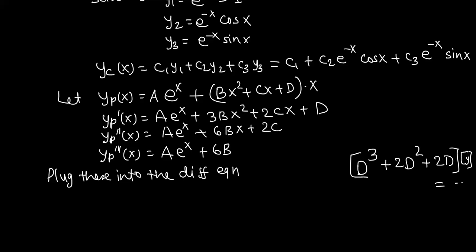D cubed y means the third derivative, which is here a e^x plus 6b, plus 2D squared, so 2 times the second derivative.